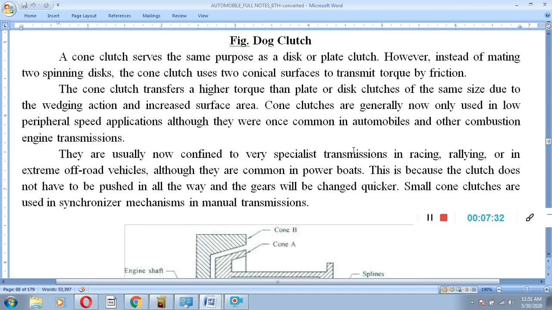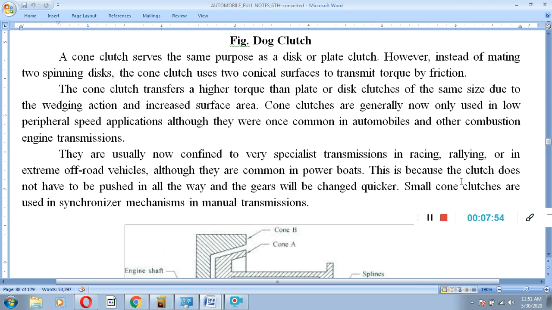Cone clutches are generally now only used in low peripheral speed applications, although they were once common in automobile and other combustion engine transmissions. They are usually now confined to very specialist transmissions in racing, rallying, or in extreme off-road vehicles.